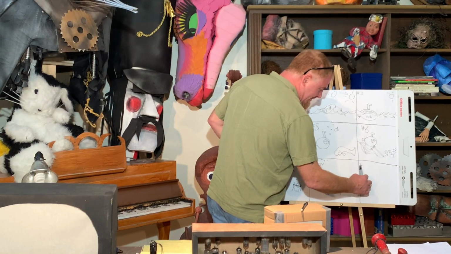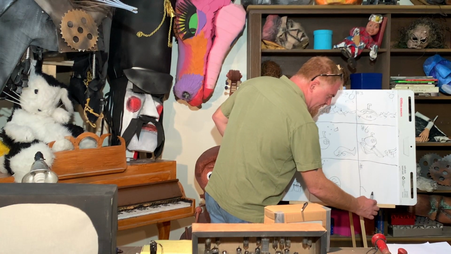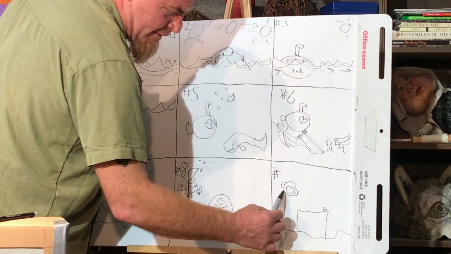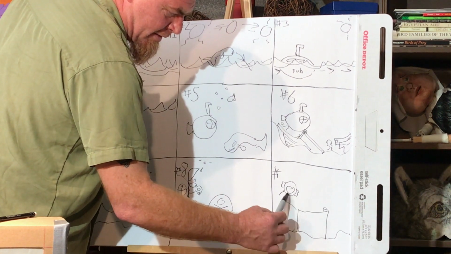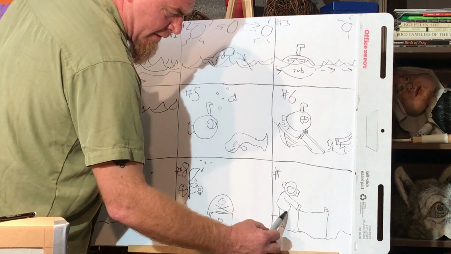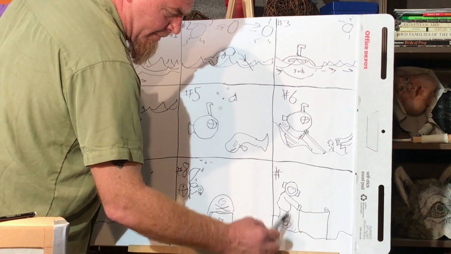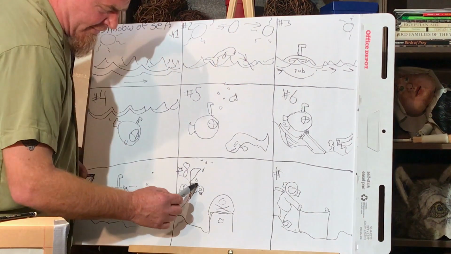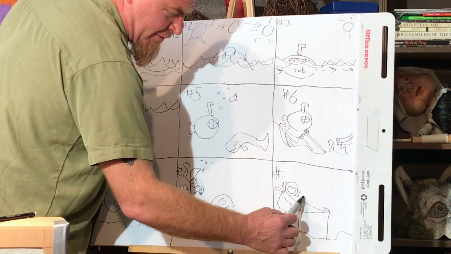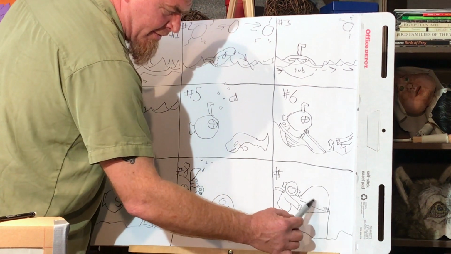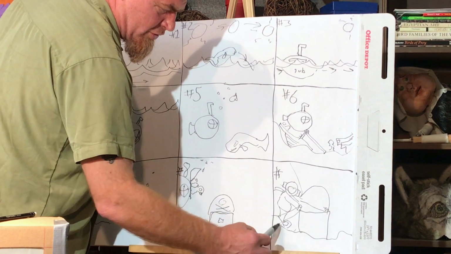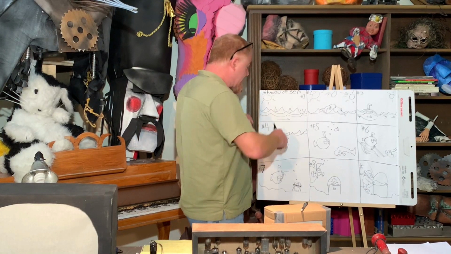Number 9. Now we're to the chest. Diving suit on. And you want to have hoses that go back to the sub. So you crack open the chest, and the light comes out. Right? We got that one?